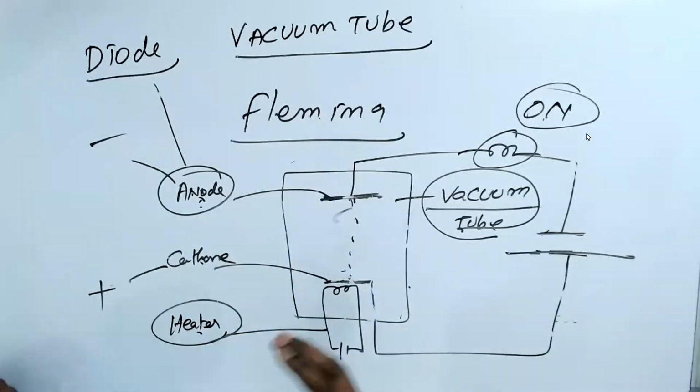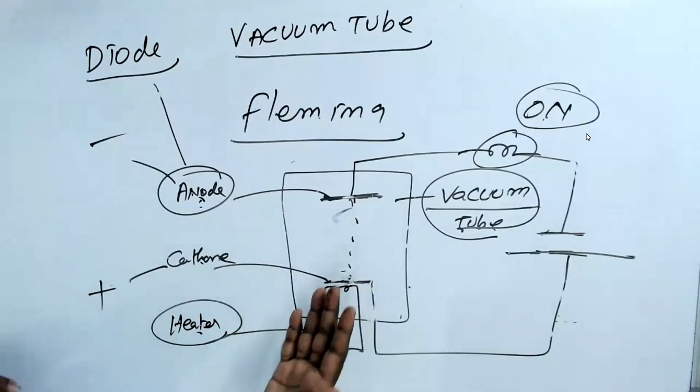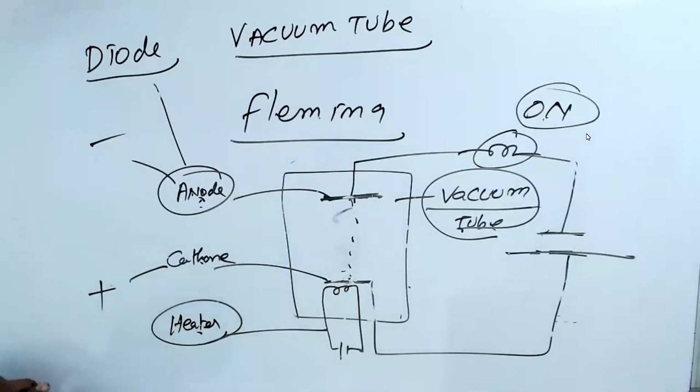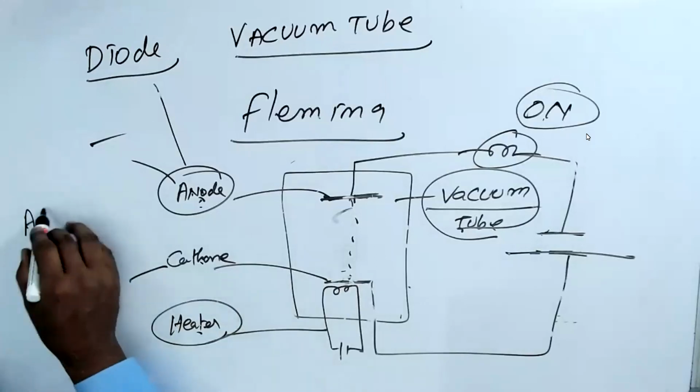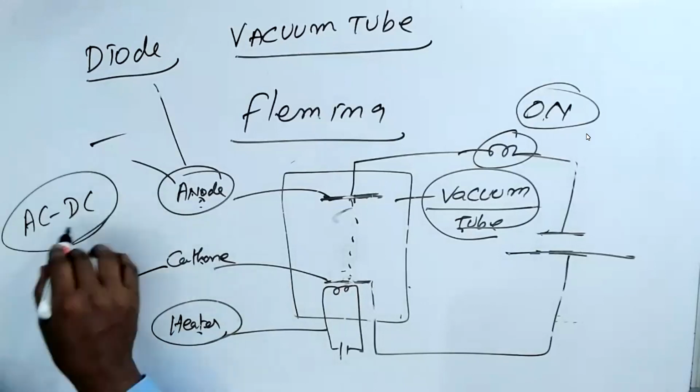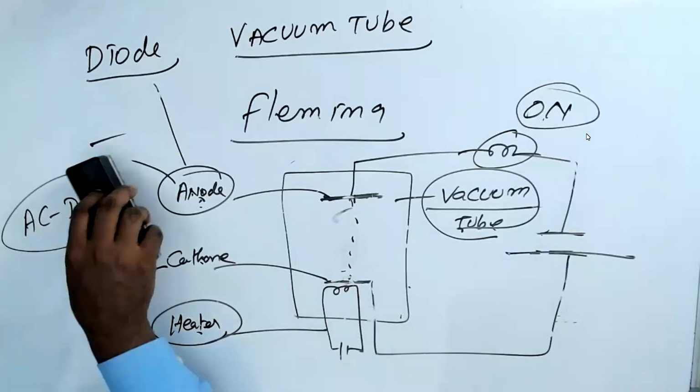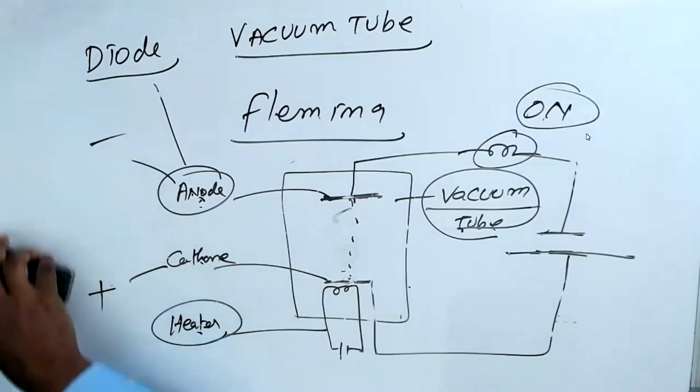So this is the first electronic device we think. And it was very well used as a rectifier, converting from AC to DC. This was a very famous use that we'll see later, not now.